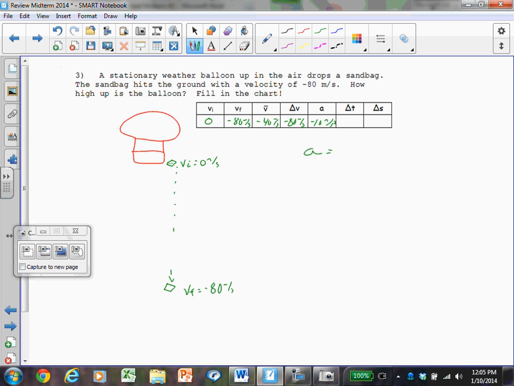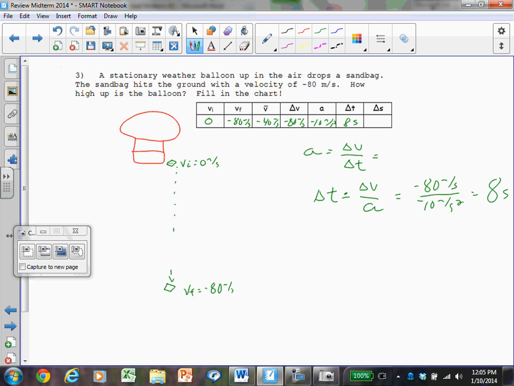A is delta V over delta T, which is minus 80 over 10. Oh, no, no, no. I'm sorry. Yeah, so delta T is delta V over A, or minus 80 meters per second over minus 10 meters per second squared, or 8 seconds.